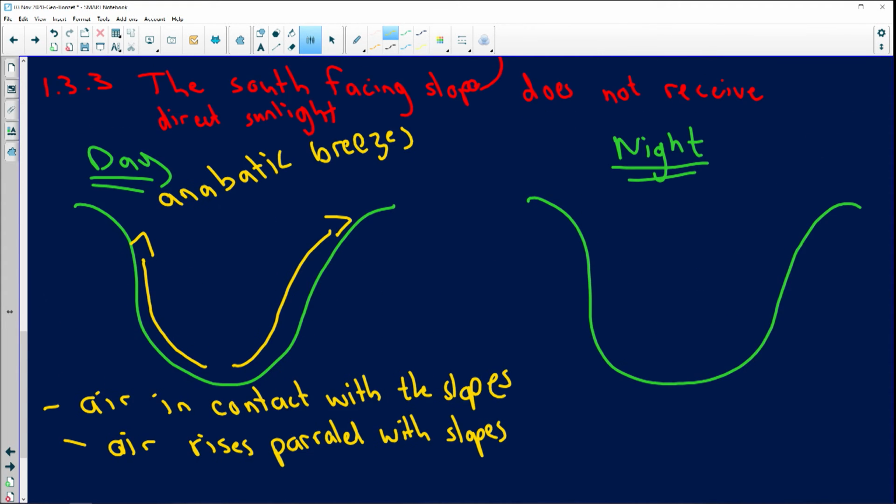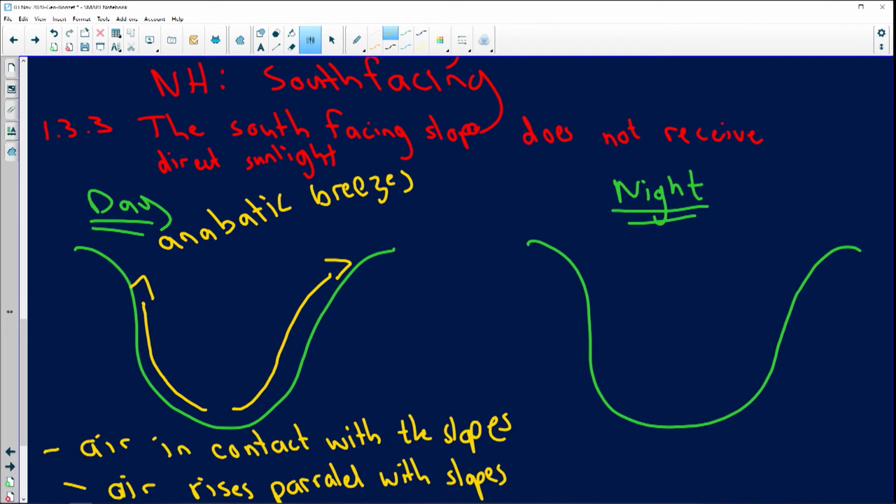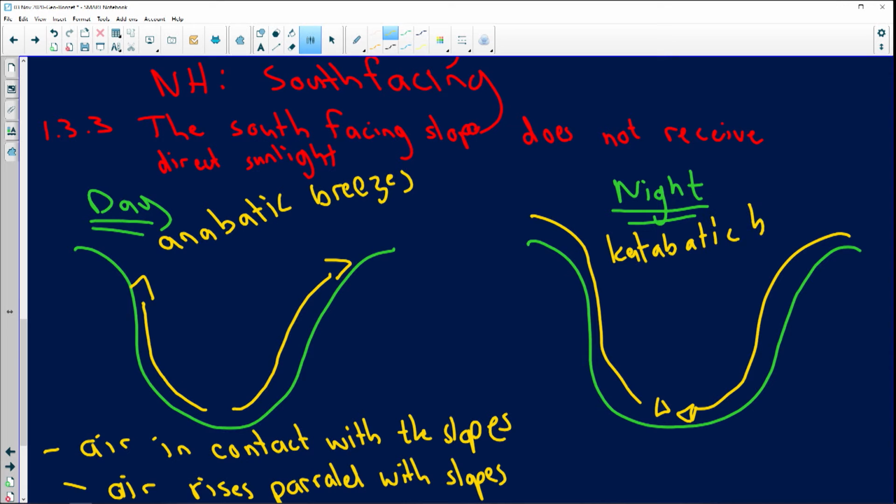Okay, now, vice versa happens during nighttime. Usually at nighttime the air sinks, it gets into contact with the slopes, sinks to the bottom of the valley, and collects on the bottom of the valley. During nighttime we refer to it as katabatic breezes.